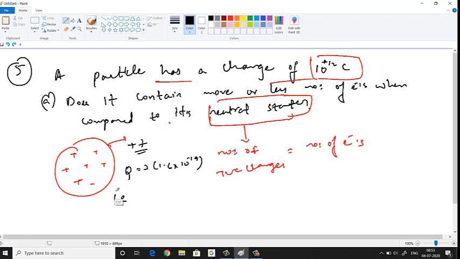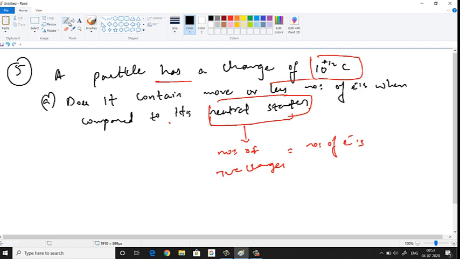So if you calculate this for this atom, what is the value of charge? 7 into 1.6, 7 6s are 42, 4, 1, 1, 11.2 into 10 power minus 19 coulombs. Okay, this is the charge for this positively charged sphere or whichever object it is. So the question is asking, a particle has a charge of plus 10 coulombs.